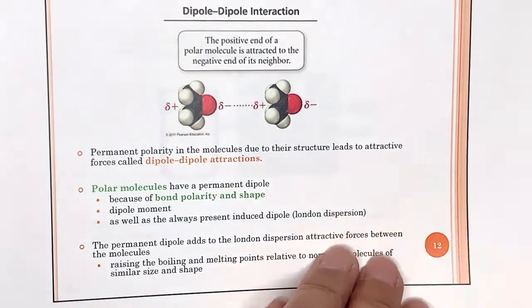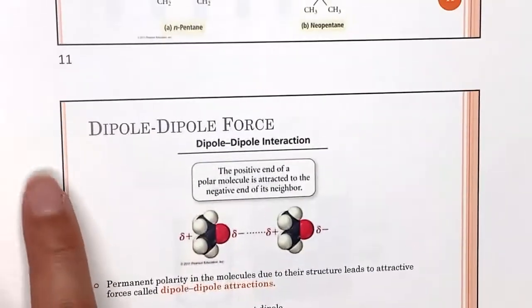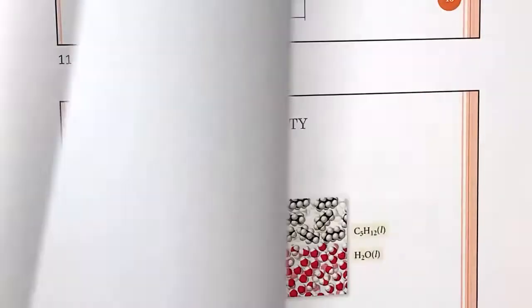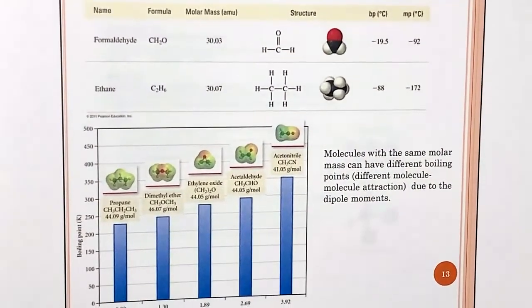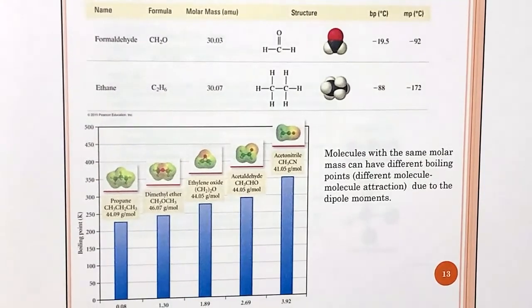So the second one in the line, dipole-dipole, is stronger. Anything that has dipole-dipole will have a higher boiling point and higher melting point, because it's going to take more energy for you to break the intermolecular forces apart.